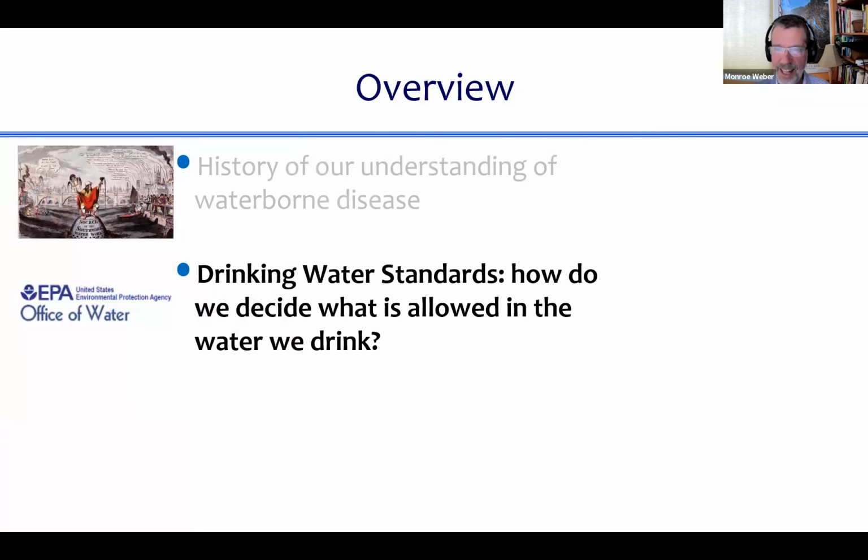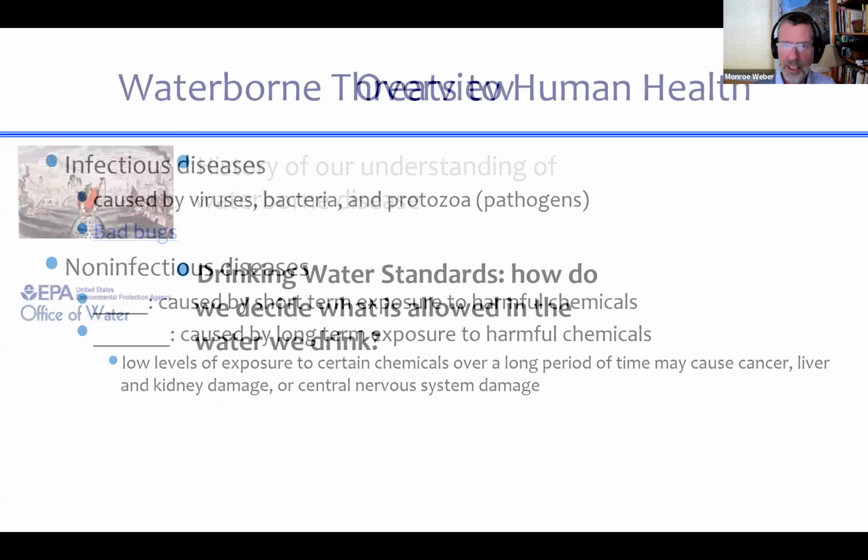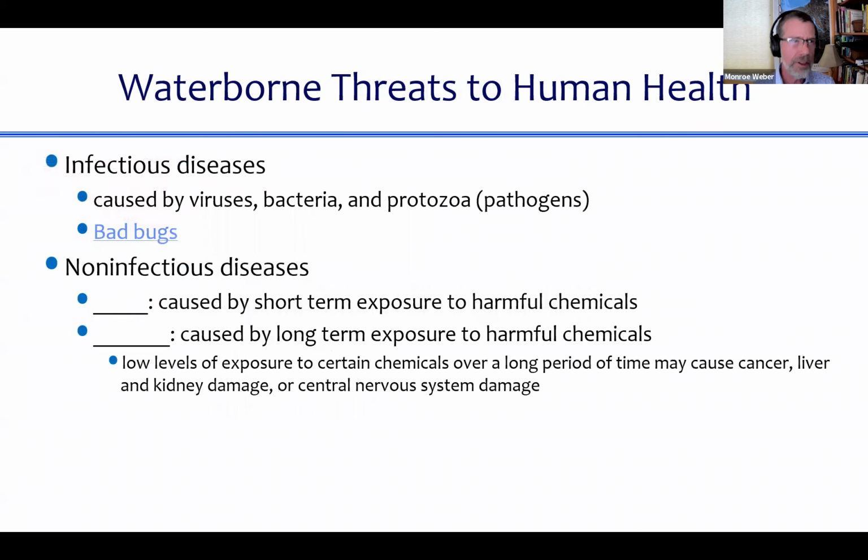So there's that. Okay, let's talk about standards. We've got fecal matter in water that we would like to drink. And now we're asking, what are the drinking water standards that we want to have to make sure the water is actually being treated properly and is safe to drink? This ends up being a question about what you would like to have in your water. There are a couple of things that could go wrong with what's in the water.